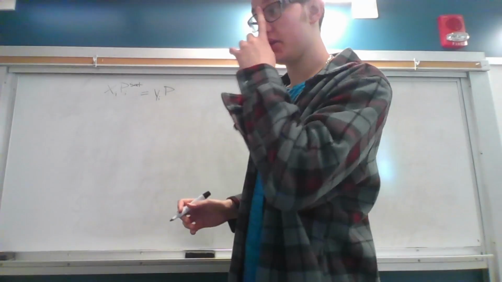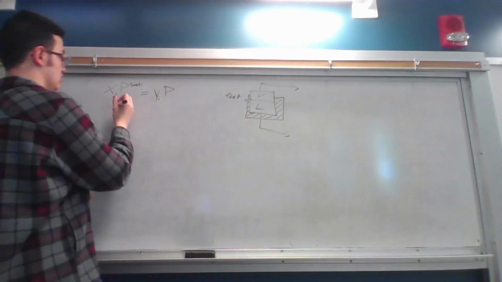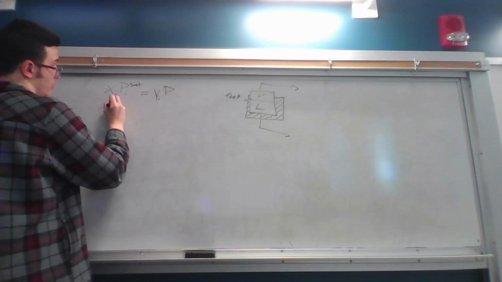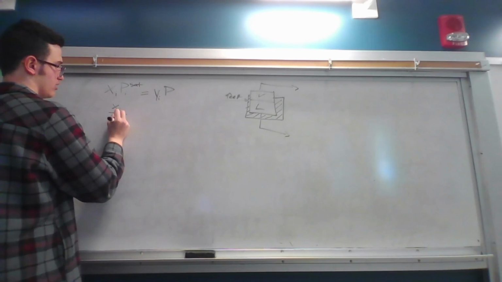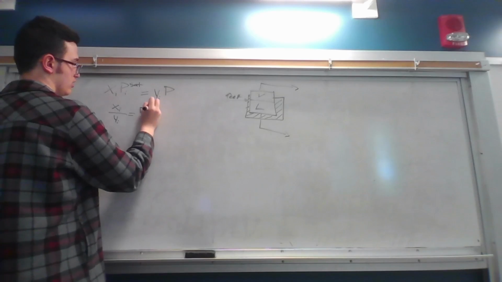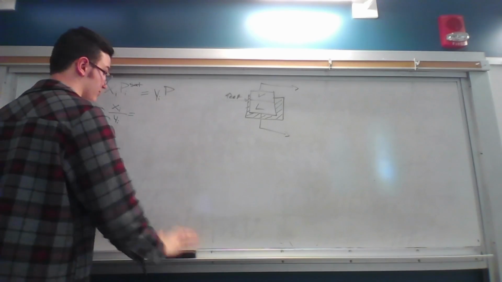Now, new variable. We know that, or we don't know that, but if xi divided by yi, oops, my algebra is wrong.